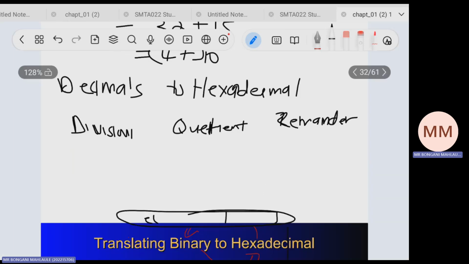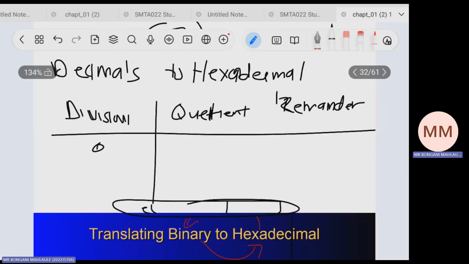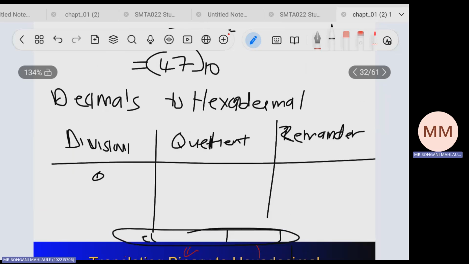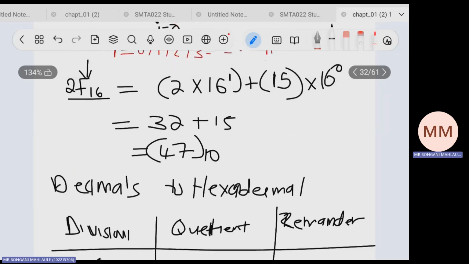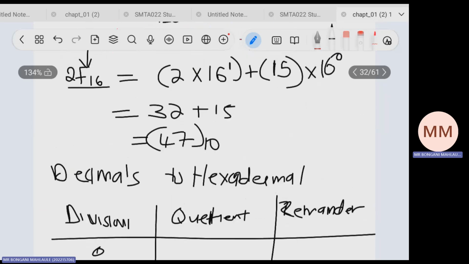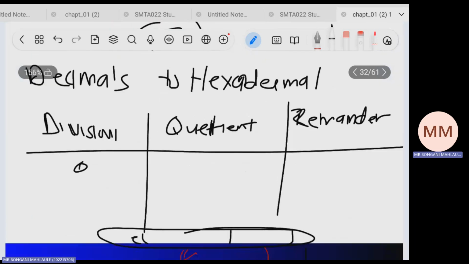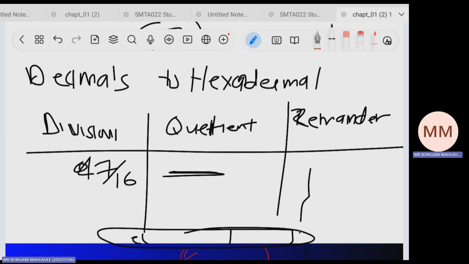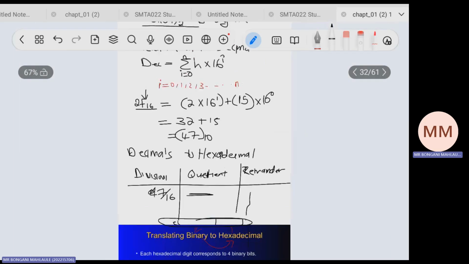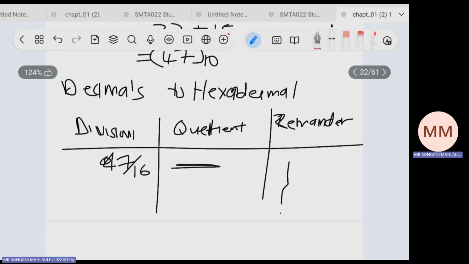So here you're going to write whatever value we want to convert. If we want to convert 47, we're going to divide it by 16. Then here you write the value up to until the end. So that's how you convert from decimals to hexa.